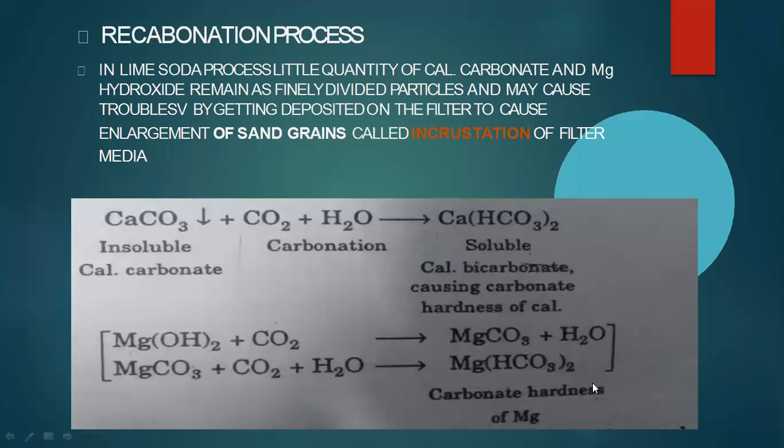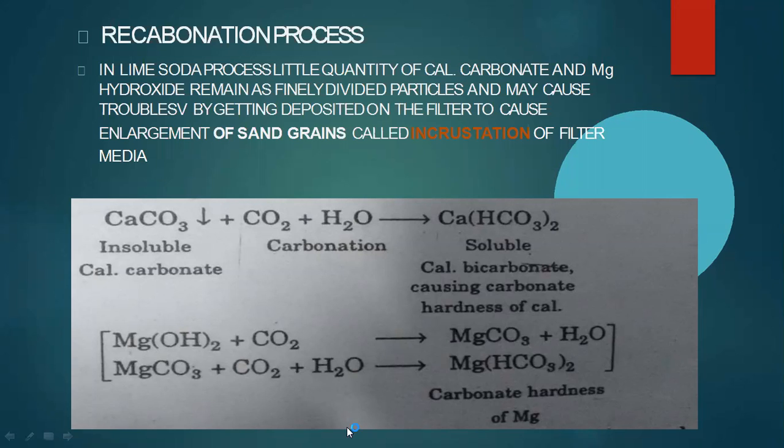Okay, the recarbonation process. In the lime soda process, a little quantity of calcium carbonate and magnesium hydroxide remain as finely divided particles, and may cause trouble by getting deposited on the filter, causing enlargement of the sand grains, like incrustations of filter media.